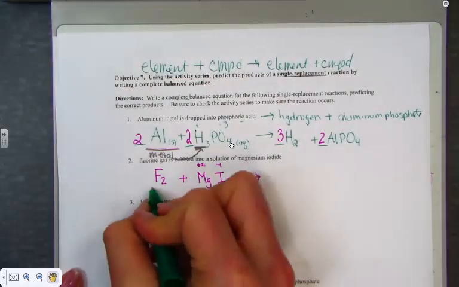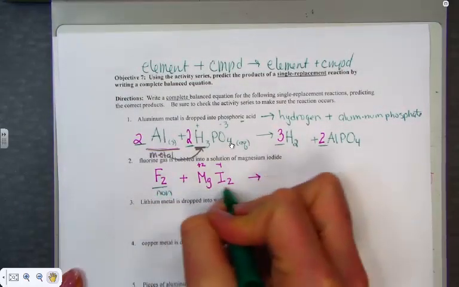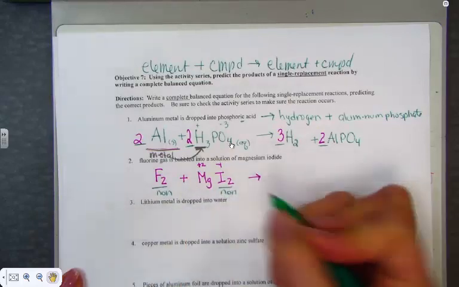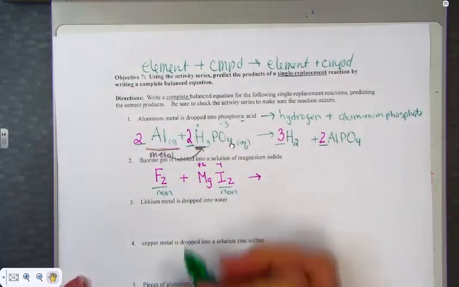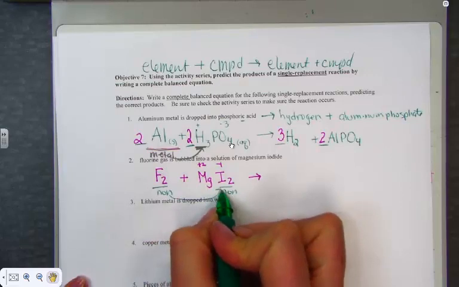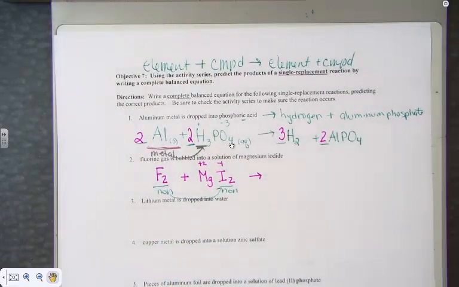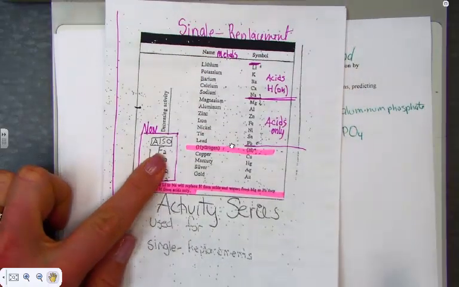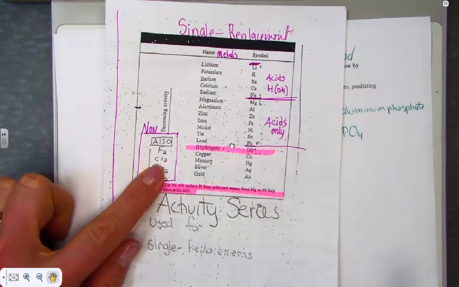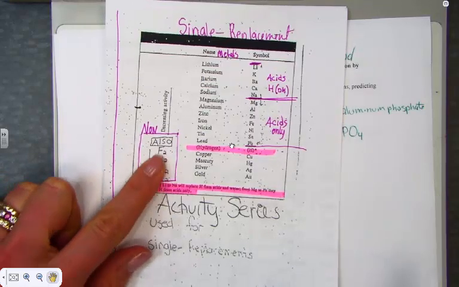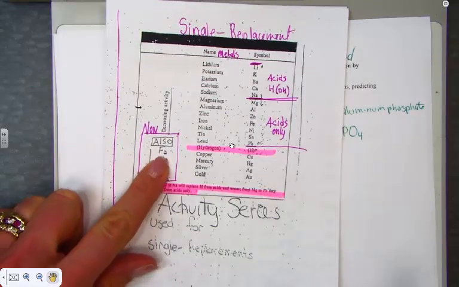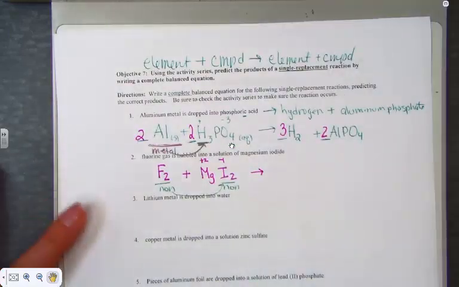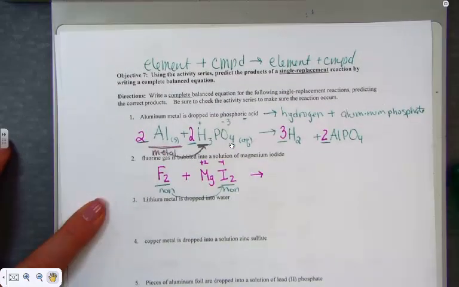Now notice, this is a nonmetal, so we compare it to the nonmetal that's in our compound. Is fluorine strong enough to displace iodine? Comparing the nonmetal activity series, we know that fluorine is the strongest of strong nonmetals. It can displace anyone beneath it. Of course, this reaction will occur. Fluorine is more active than iodine.